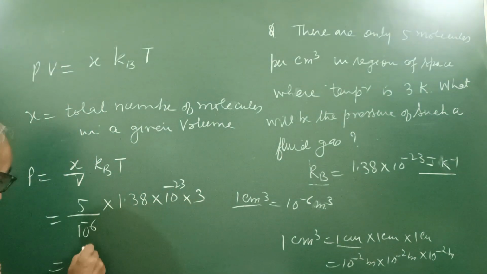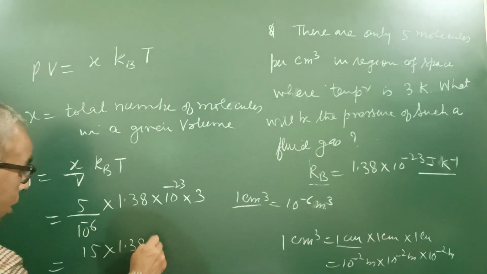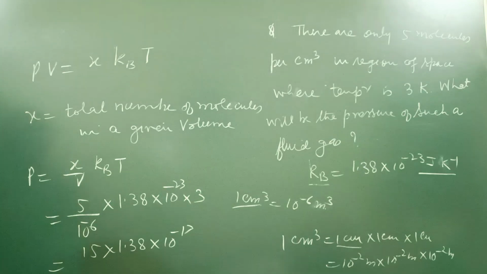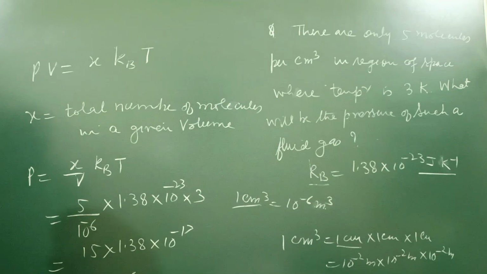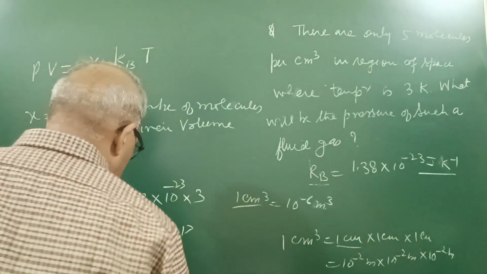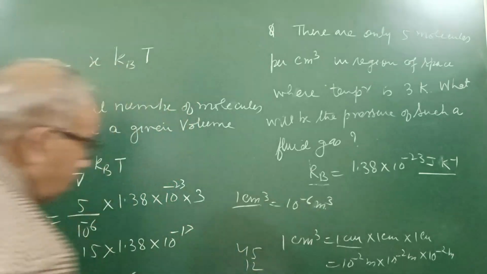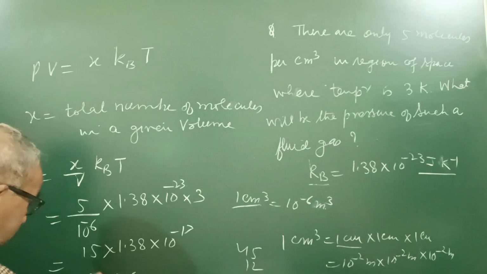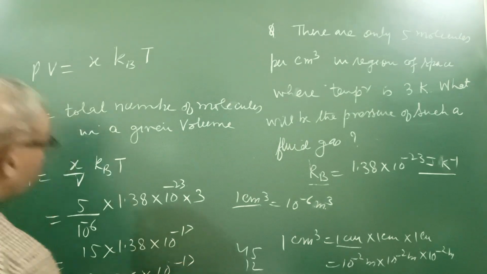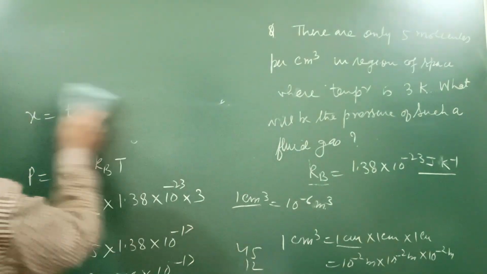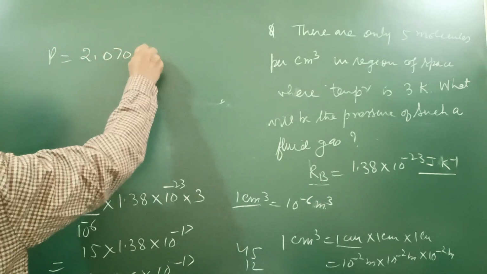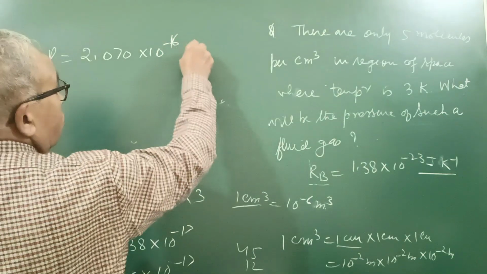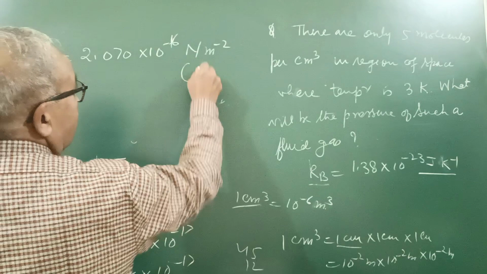So simply it is 15 into 1.38 × 10^-17. 23 minus 6, right? And 15 times 8 is 120, carry 12, 15 times 3 is 45, 45 and 12 is 57. Put the decimal here, and the answer will come out to be P = 2.07 × 10^-16 Newton per meter square, or Pascal.